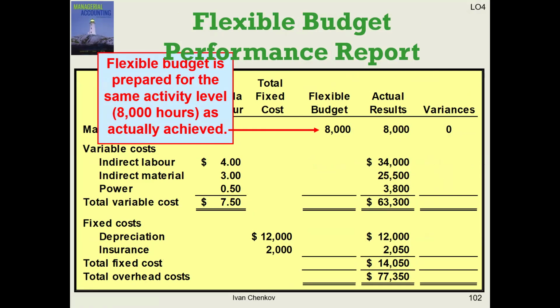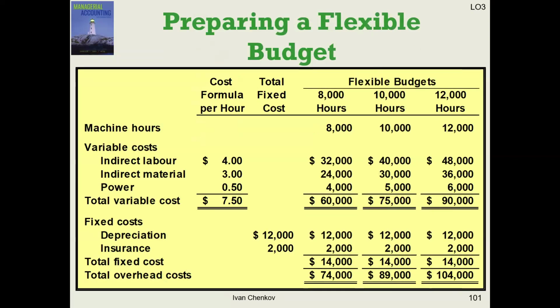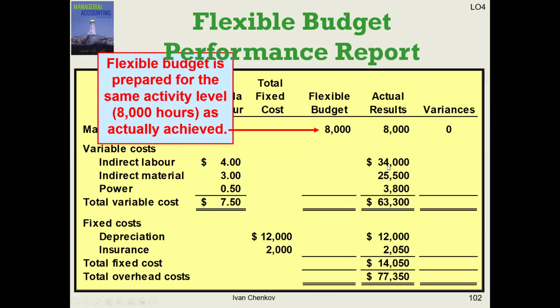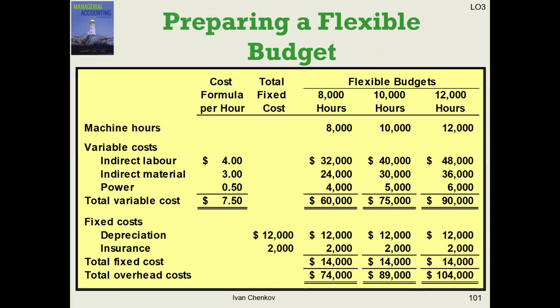If you're planning to spend $32,000 by using the machine 8,000 hours, and in reality you're spending $34,000 for the same hours, is that good for you or not? It's bad. So is it favorable or unfavorable? Unfavorable. Definitely unfavorable.